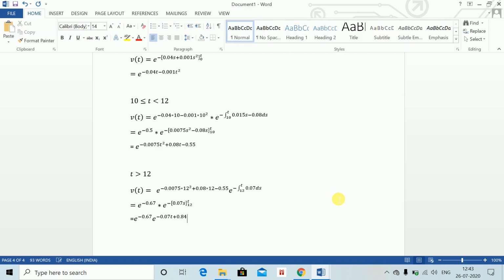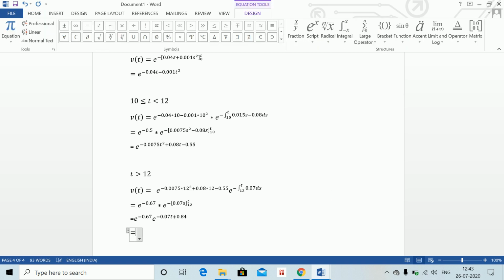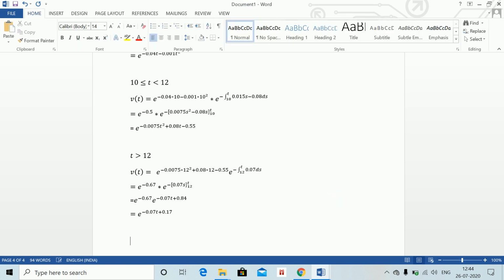On solving this, you get e to the power minus 0.07 t plus 0.17. So these are the three present values which we needed.